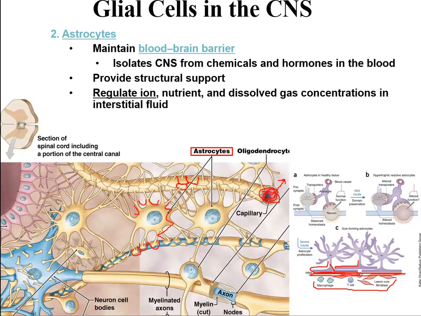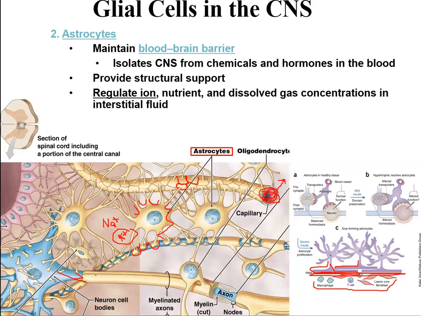Astrocytes assure that the extracellular space, which usually has lots of sodium and a little bit of potassium, and lots of other things, is regulated. Astrocytes make sure that potassium levels, for example, don't get too high. Remember, if potassium gets too high, that depolarizes the cell and makes these neurons fire a lot more easily and therefore a lot more.